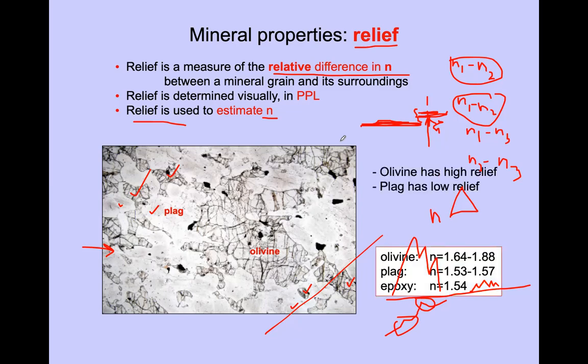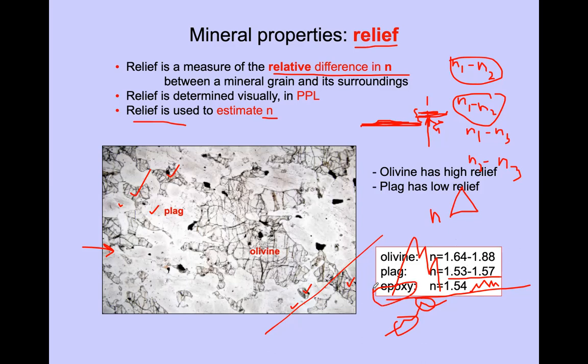Okay. So these are some common values. For example, olivine has refractive index differences in a range like this. And plagioclase, you see, is very close to the glass value, 1.53, 1.57, right? It's almost 1.5, very close to the glass or the glue value. Glue, we call it epoxy, right? Epoxy is the name of the glue.